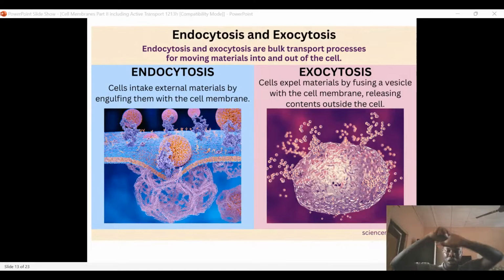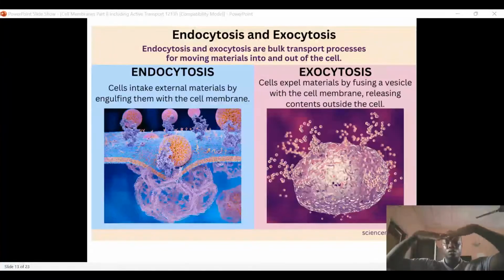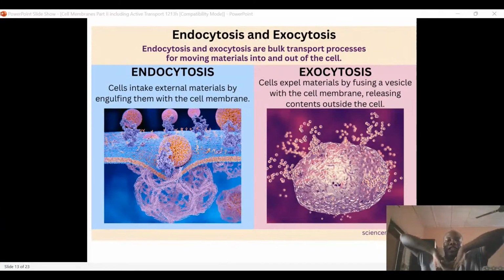Then the part of the membrane carrying the molecules will break off and get into the cell. So it's through engulfment.